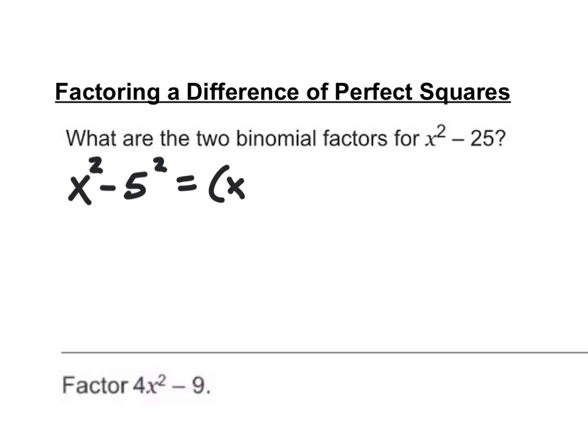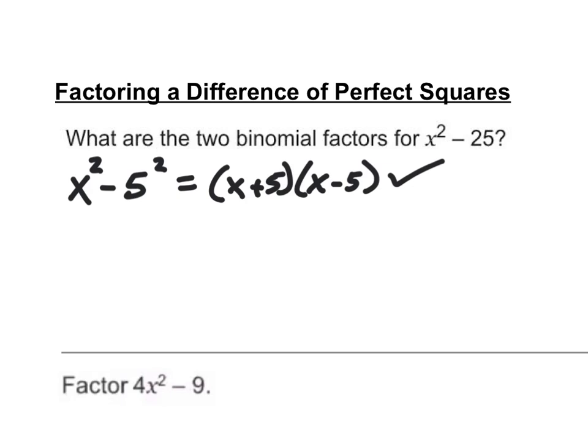So if I rewrite this as x plus 5 times x minus 5, then that's it. I'm done. That's all I need to do. But that's the hard part, just recognizing that you have x squared minus 25 and rewriting that as x squared minus 5 squared.